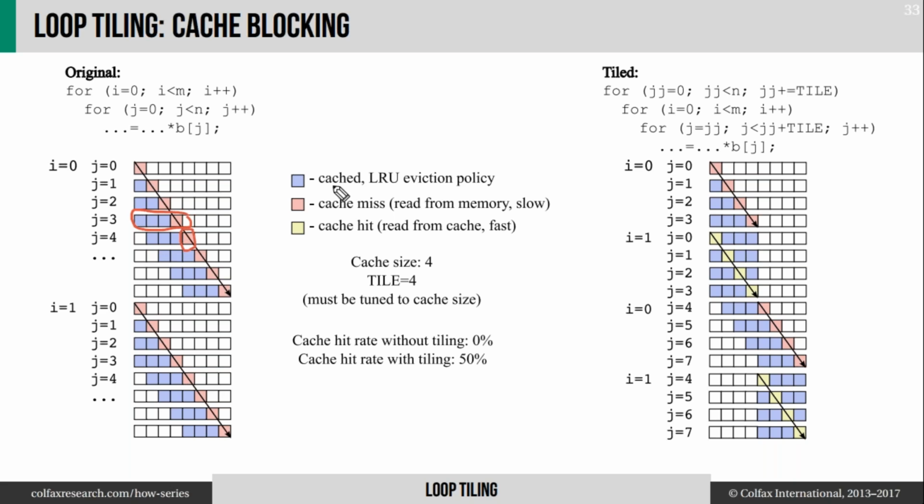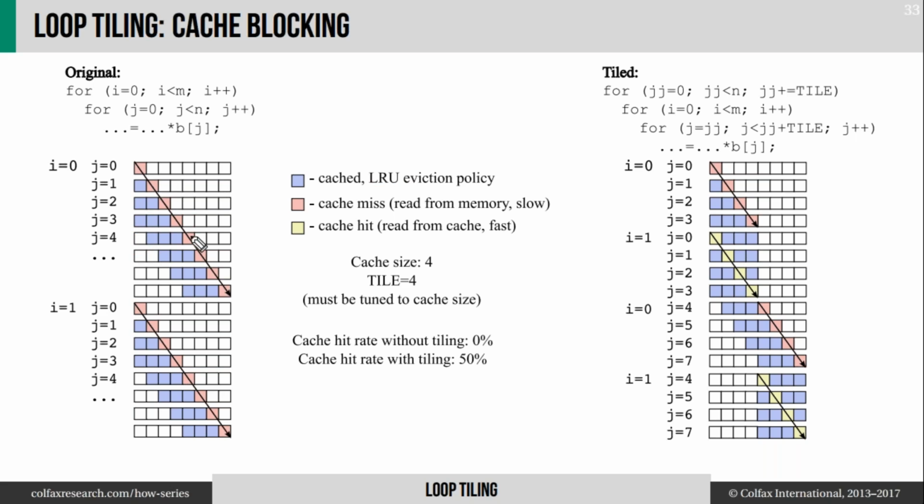In Intel architectures, caches use the least recently used eviction policy, LRU. It means that the element that was least recently used or least recently fetched will be the first to leave the cache when you run out of space. So this goes first.